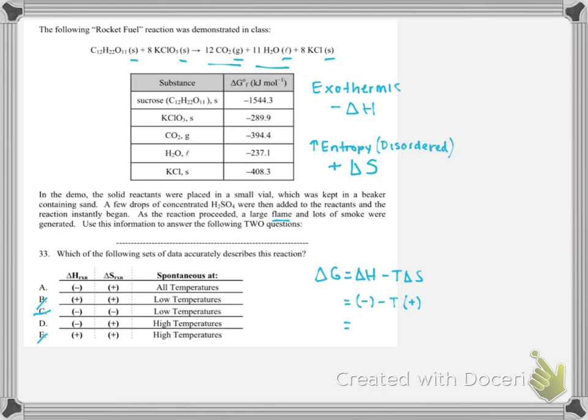Okay? Because you'll have something negative and you'll always be subtracting something from it. So this will always be negative, regardless of temperature. And so this will be spontaneous at all temperatures. It's a cool demo.